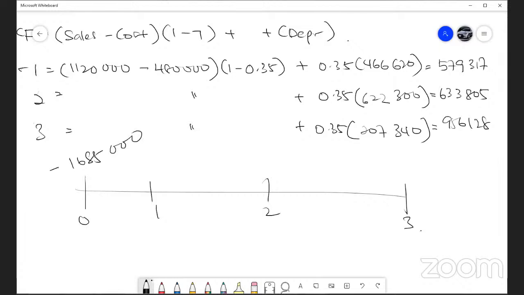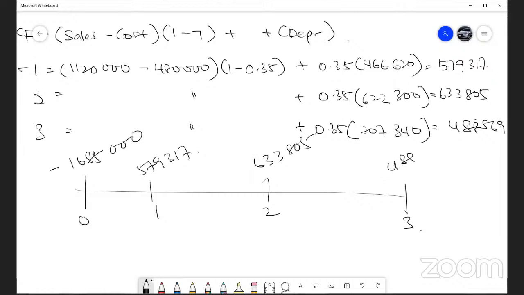Zero, zero, zero. Here, 579,317. Here, 633,805. All right. And this last one is not 956,128. Here is only supposed to be 488,569.